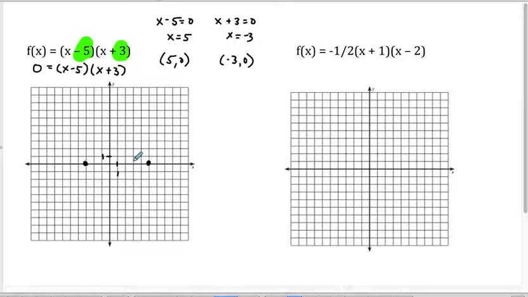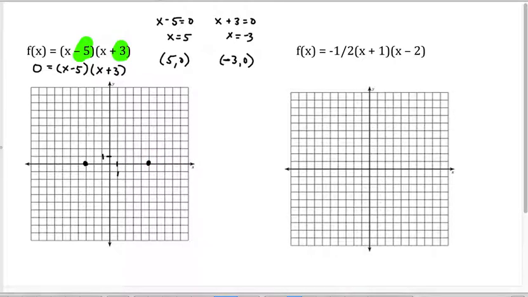Now I need to find out where the axis of symmetry is. One of the great things about parabolas is they're completely symmetrical, so the axis of symmetry has to be halfway between these two roots. For a problem like this one, where the roots are relatively close, I can just look and see there are exactly 8 spaces between these 2 points.